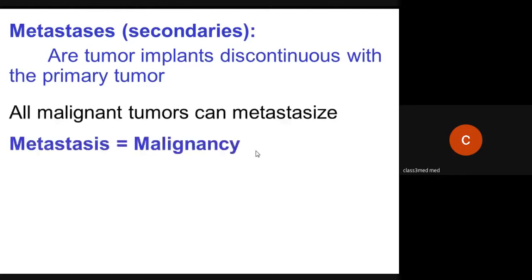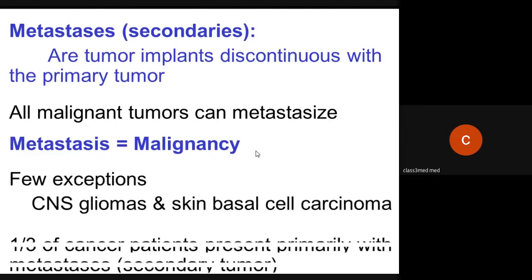All malignant tumors can give rise to distant metastasis, with a few exceptions. About one third of cancer patients present with secondaries of unknown primary, or the primary will be known later.